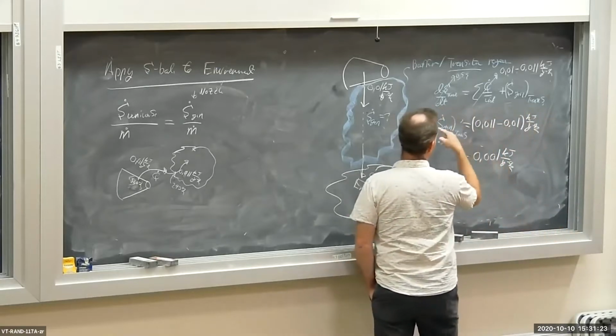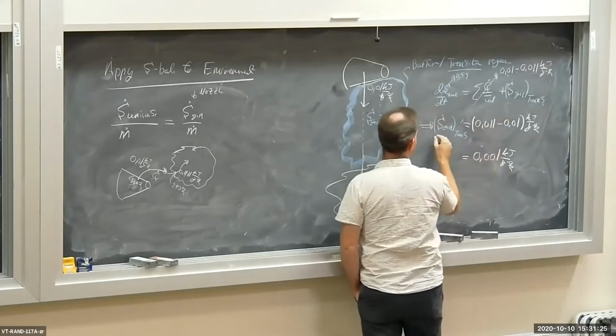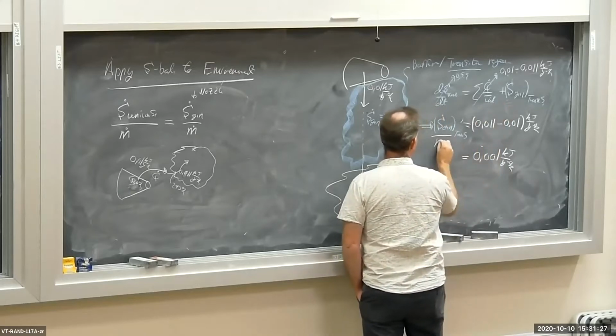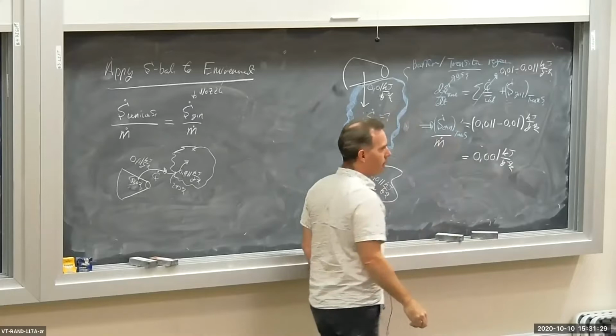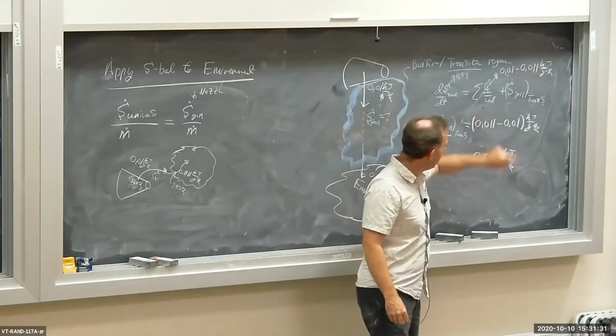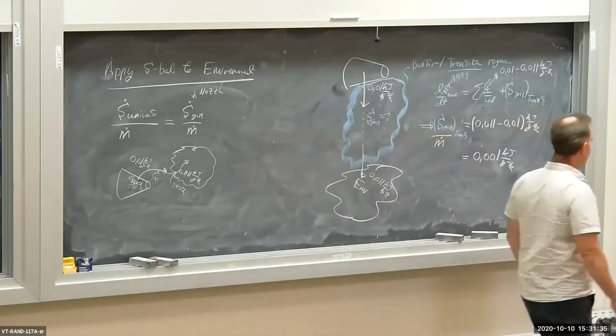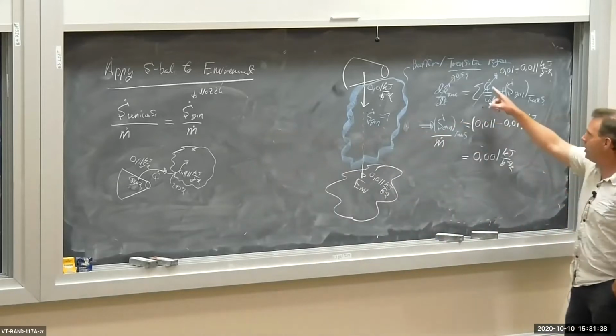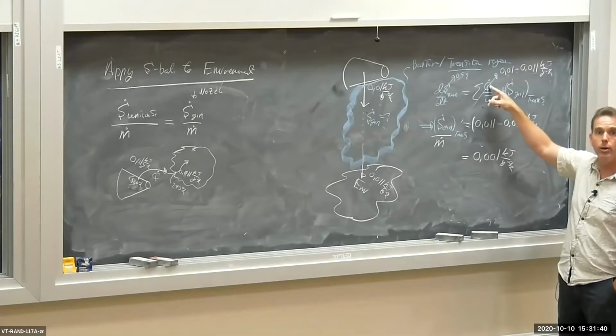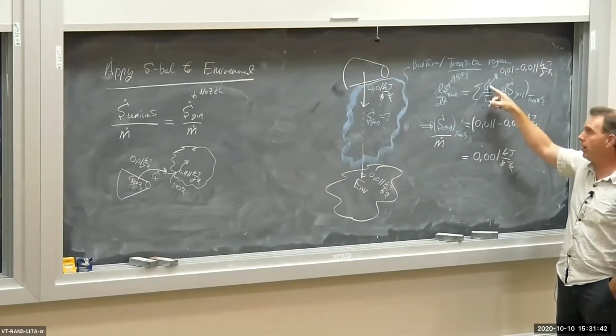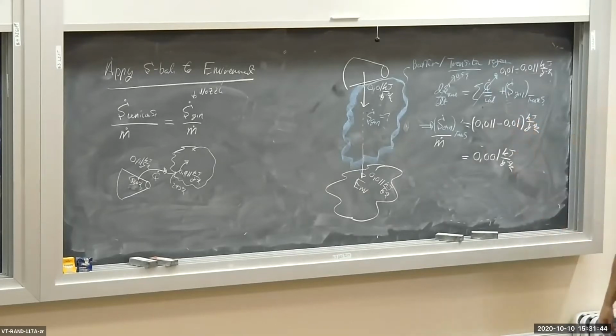If I divide this by m dot, so here we go. Forgot to divide by m dot. Divide the entire right-hand side by m dot. The S dot gen becomes an S dot gen over m dot, and the Q dot becomes a Q dot over m dot, or a little q, okay? Forgot to divide by m dot there.